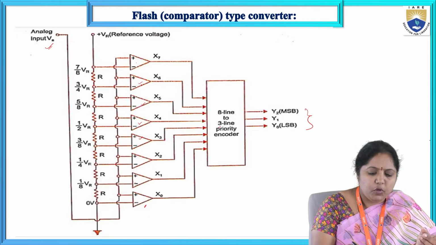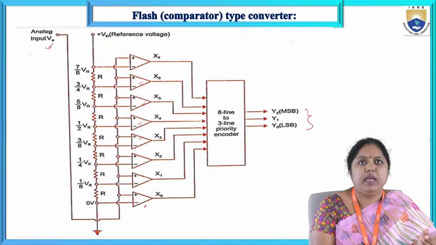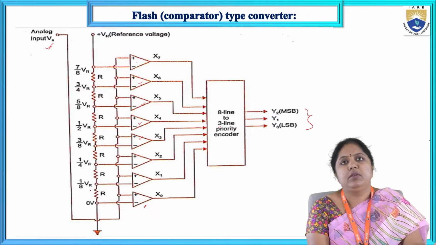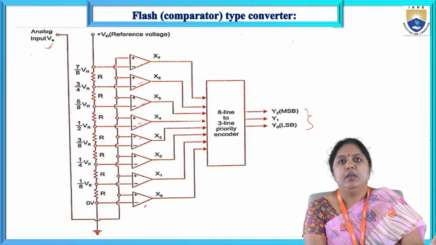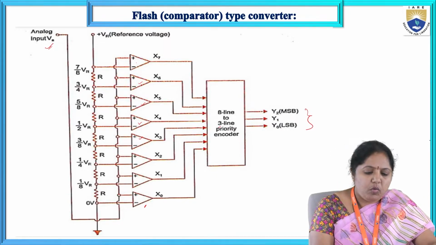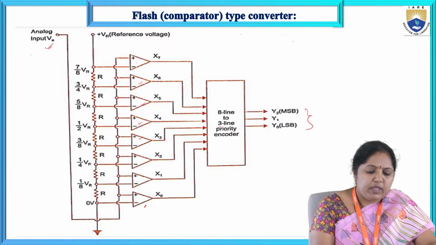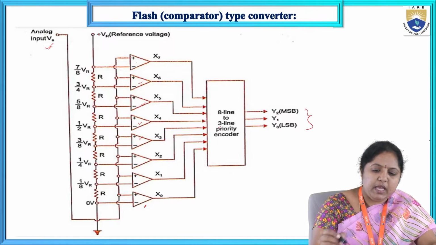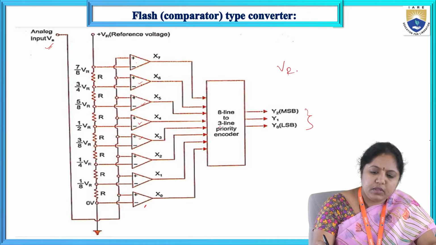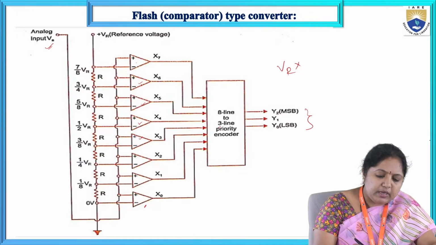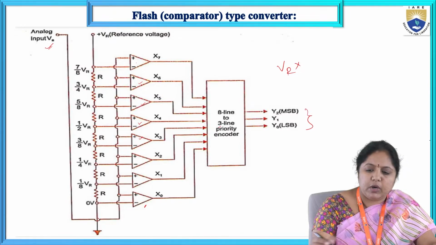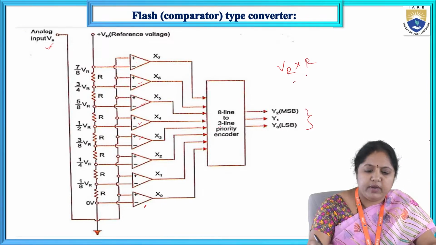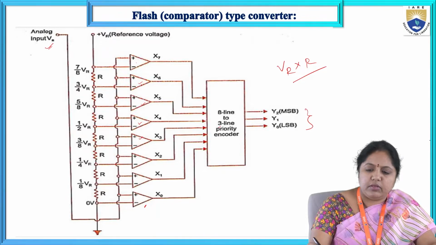Next, if you go to this negative terminal, it is represented as VR by 8. Why are we considering this as VR by 8? Suppose I see what the voltage is at this point. The voltage at this node is nothing but the supply voltage VR into the concerned resistance value from this node to the ground, that is R, divided by the sum of all the resistances.